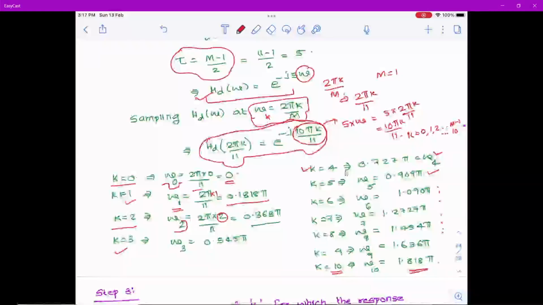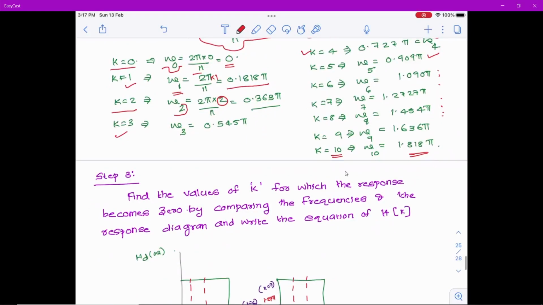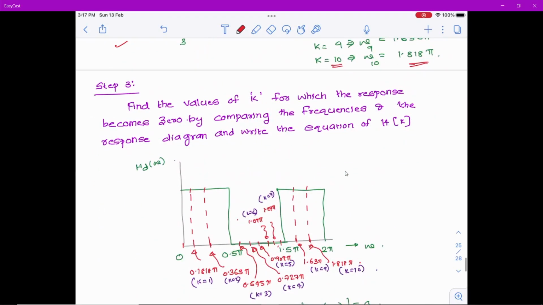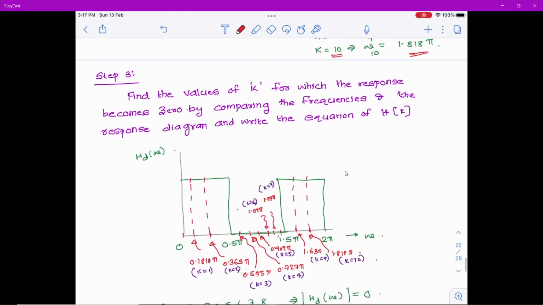Now, what we did here is actually the following. That is coming in step 3. You have the frequency range 0 to 2 pi in omega. You have divided this into multiple uniformly separated frequencies.